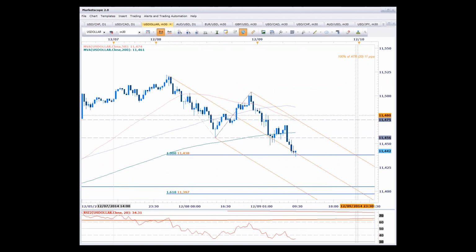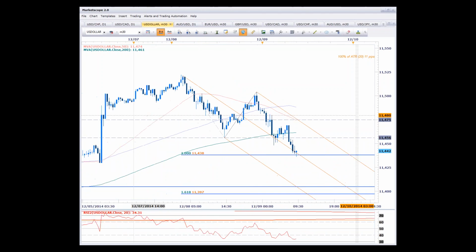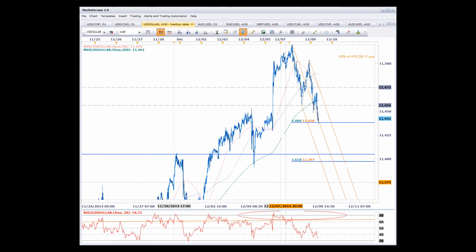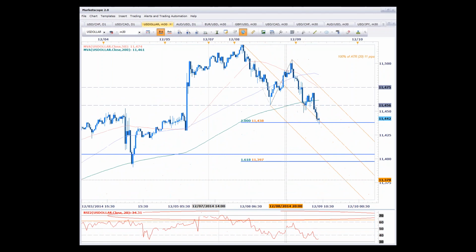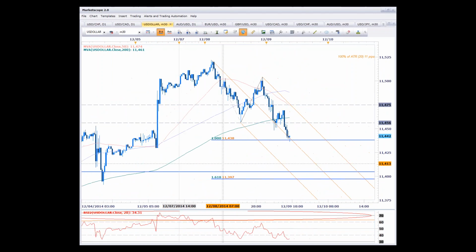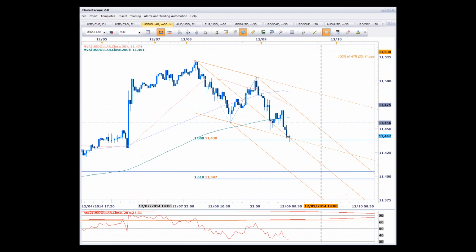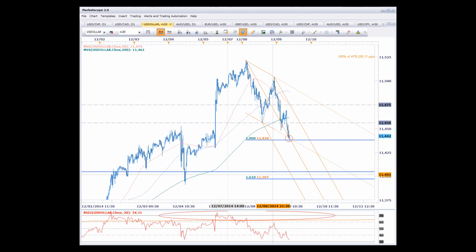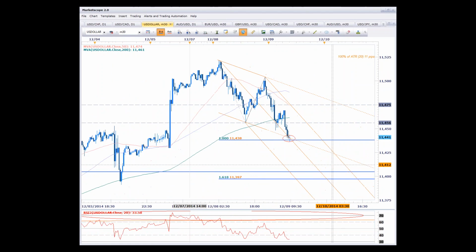Could be an operative play right now. This zone's pretty big here, so watch this as we head deeper into the session. It should offer some support. If that gives out, you're basically looking at a run right into 11,400 again.